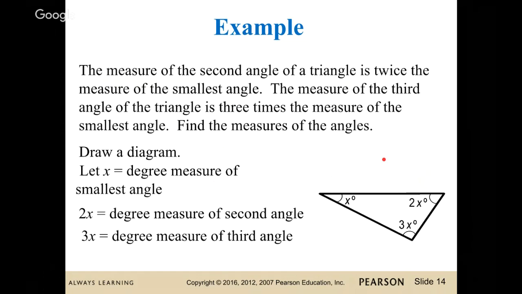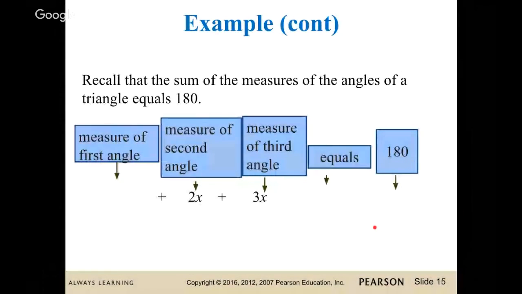Okay, so you're going to need to use that. So you have x plus 2x plus 3x is going to equal your 180, because the angles of a triangle will equal 180 degrees. You might want to put that in your formula section too. Draw like a picture of a triangle, and then put something like measure of the angles equals 180.